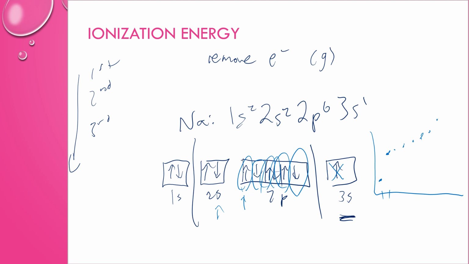And then the second electron from the 2s, and then you'll see a much bigger jump when you go into the first energy level. So the trends in ionization energies help us understand not only the existence of energy levels, but also the sublevels in their patterns as well.